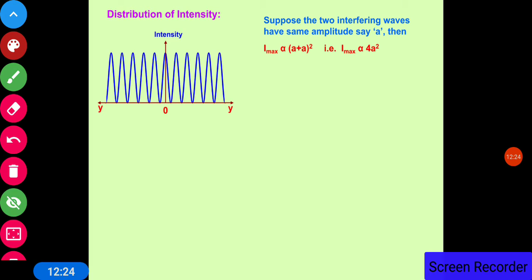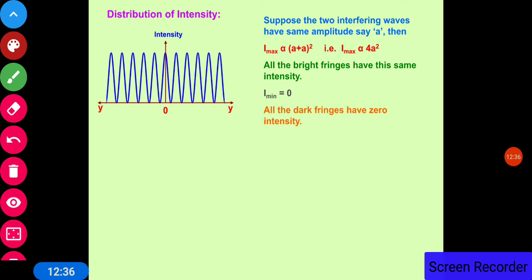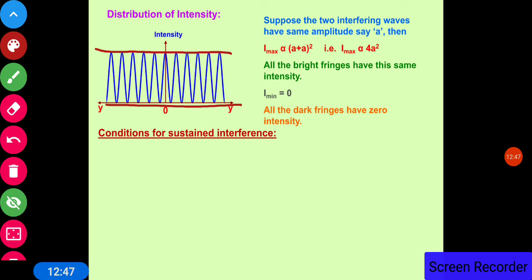So from here the maximum intensity is proportional to 4A square, and all the bright fringes have the same intensity, and for minimum, all the dark fringes have zero intensity. So these points will show the intensity of the bright fringes, and these points will show the intensity of the dark fringes.